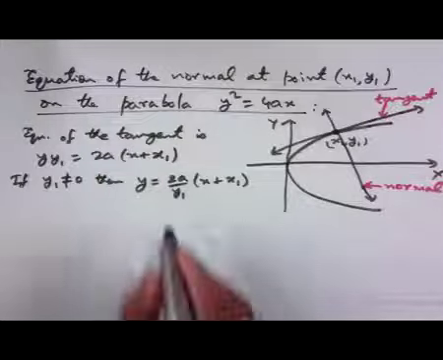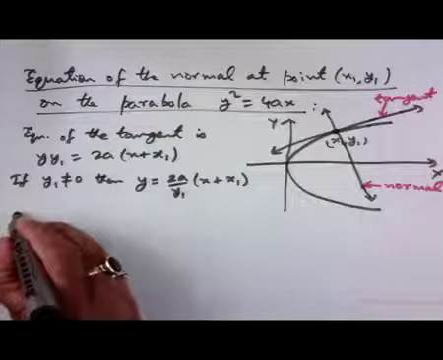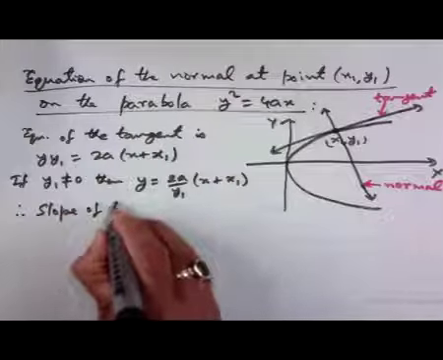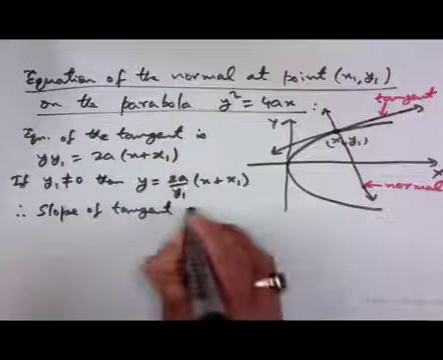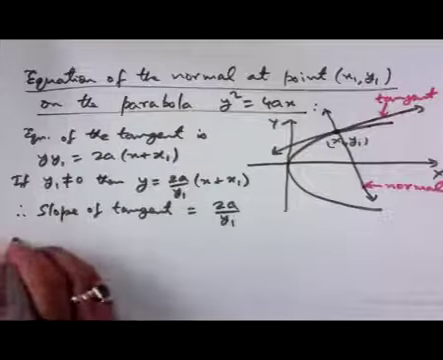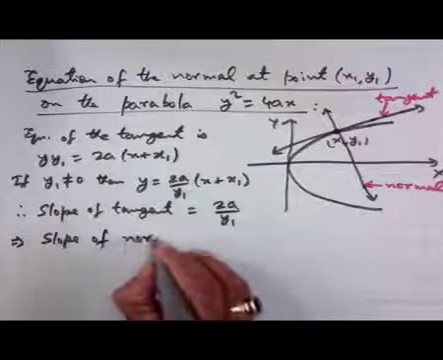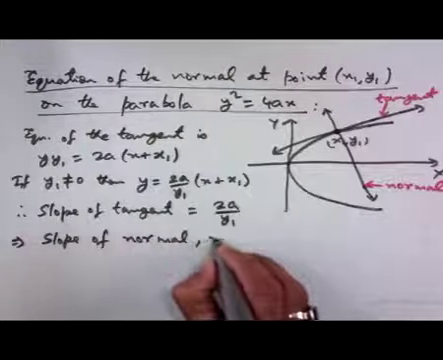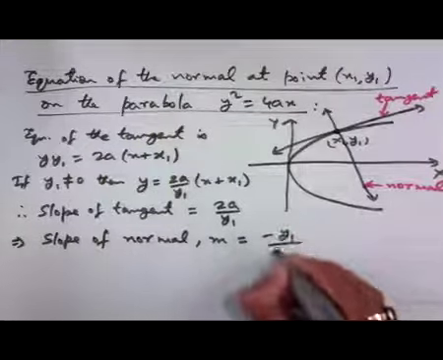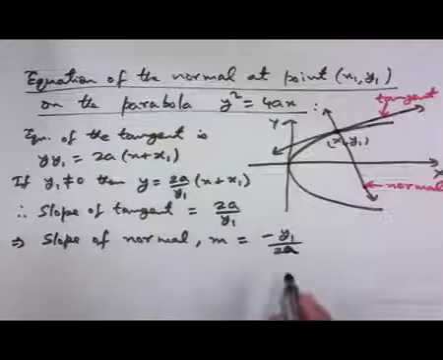So, therefore, the slope of tangent line is given by 2 a by y 1, which implies slope of the normal line, let us call it m, is equal to minus y 1 by 2 a, because these two lines are perpendicular, the product of the slopes is equal to minus 1.